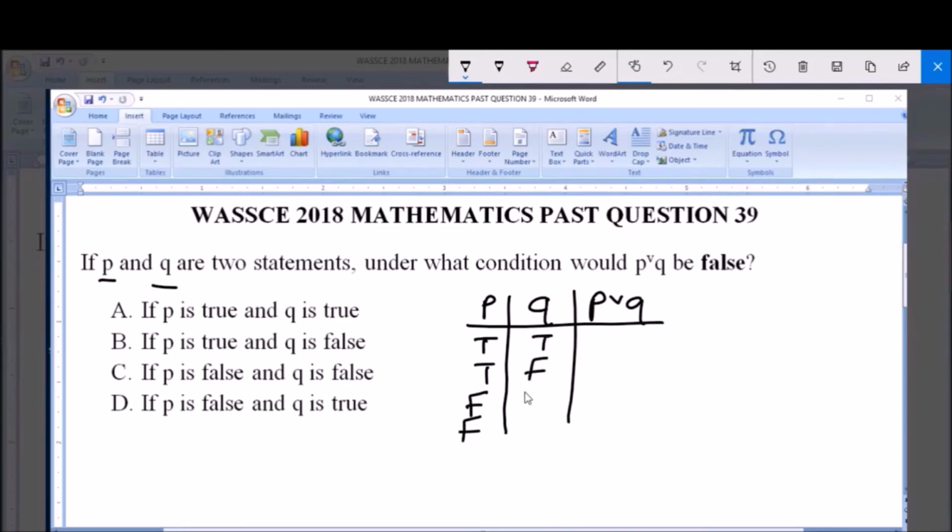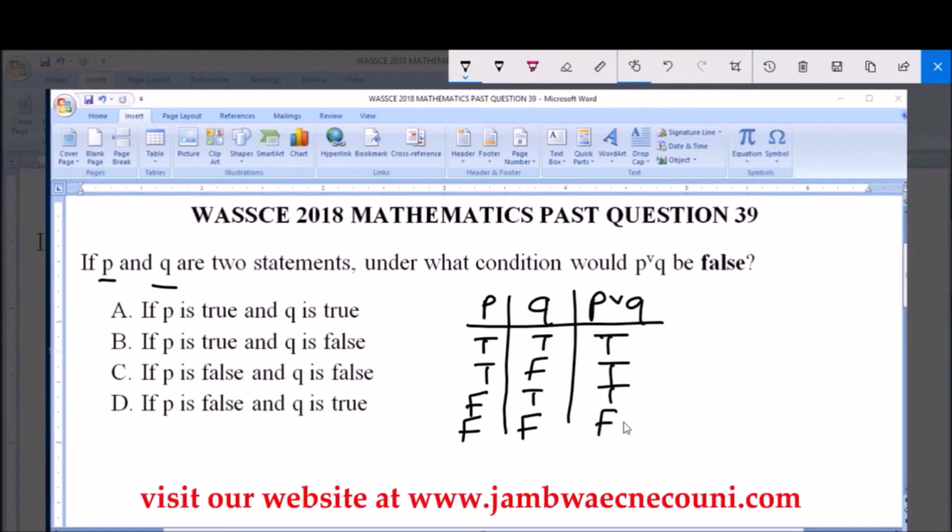For Q we have true, false, true, false. Now for P or Q, when P is true and Q is true, it will be true. When P is true and Q is false, it will still be true. When P is false and Q is true, it will still be true. But when P is false and Q is false, it will be false.